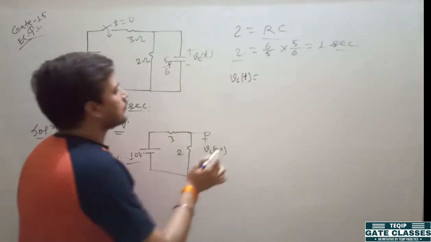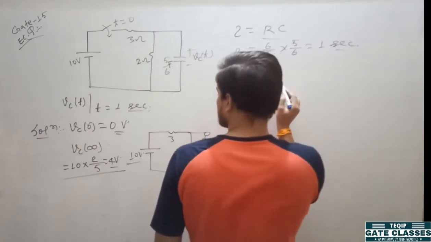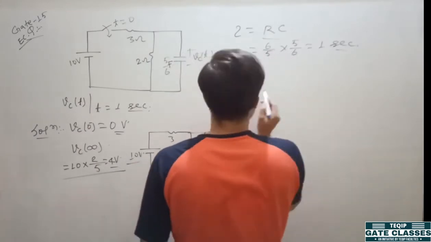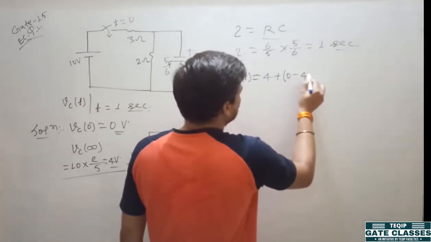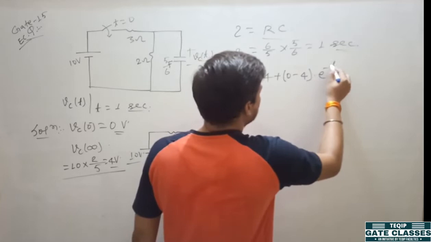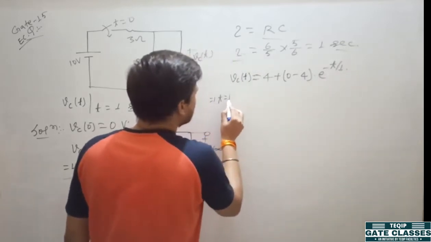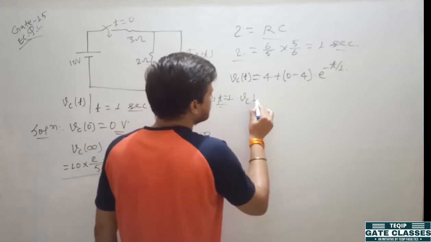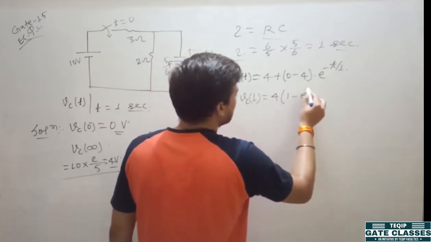VC(t) will be equal to V infinity plus (V0 minus V infinity) into e to the power minus t by tau. That means 4 plus (0 minus 4) into e to the power minus t by 1. So you have to put t equal to 1 second. You write VC(1) will be equal to 4 into (1 minus e to the power minus 1).